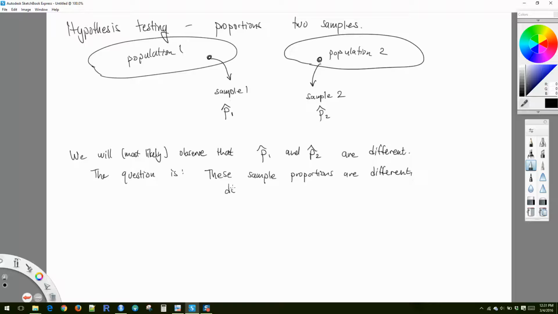Does that mean their respective populations have different proportions?